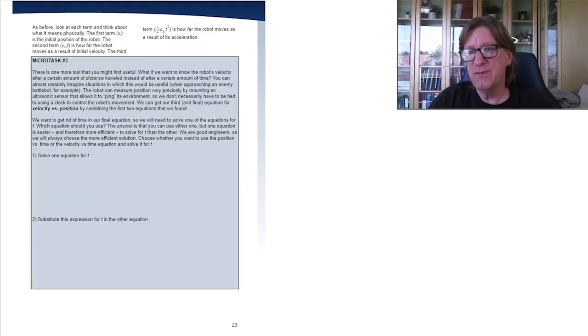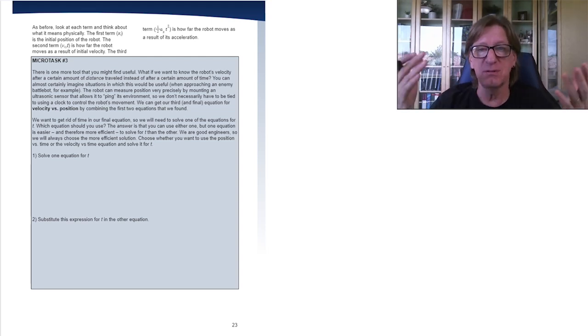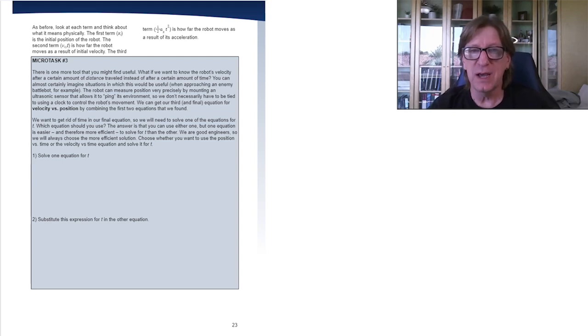So now we've got the position versus time. We've got the velocity versus time. There's one more equation we want to come up with: an equation for the velocity versus position. Now for this one, we're not going to start with our definitions of acceleration or velocity, because we already have an equation that gives us the velocity versus time. Go back and see if you can get that.